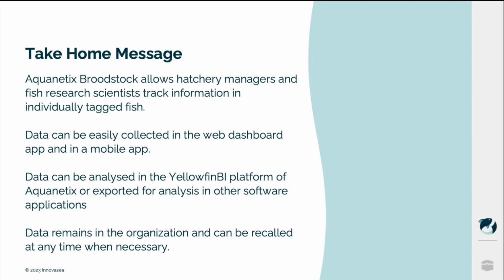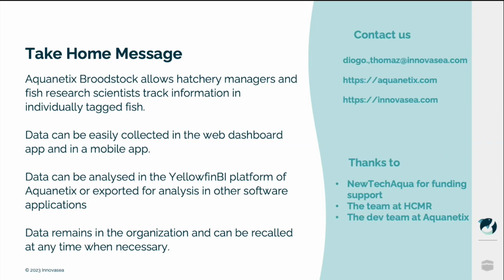Okay, we have Yellowfin BI, a business intelligence platform that you can use to analyze data, but you can also export all the data in Excel, in CSV, in whatever format your favorite apps use. And the data remains in the organization. It does not disappear once the paper is written and the scientist leaves. Okay, the data belongs to the organization and can be recalled, used, analyzed and compared later in time.